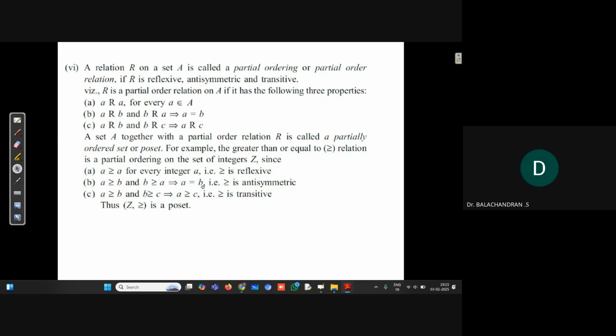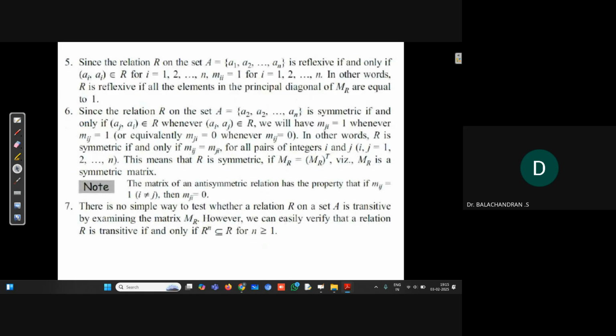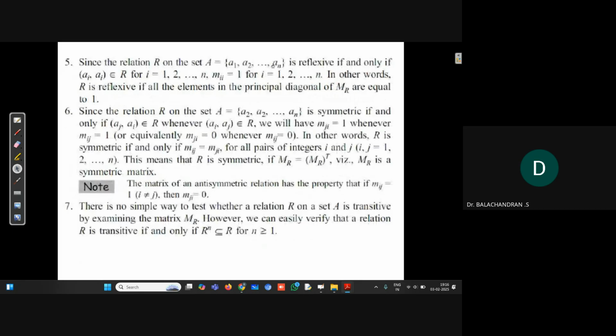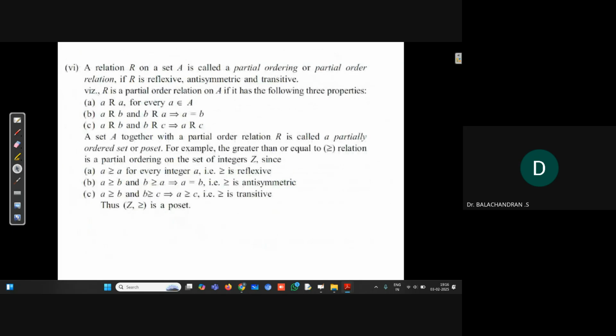So actually this idea, which I just told you, is antisymmetric. Whenever (a, b) and (b, a) are in R, then a = b. Then we say that the relation is antisymmetric. So using this definition, they are telling us that it is antisymmetric. Next, transitive: a ≥ b and b ≥ c, you should assume, and from this you can easily prove a ≥ c.